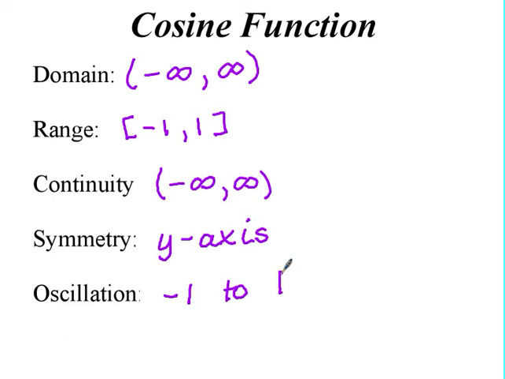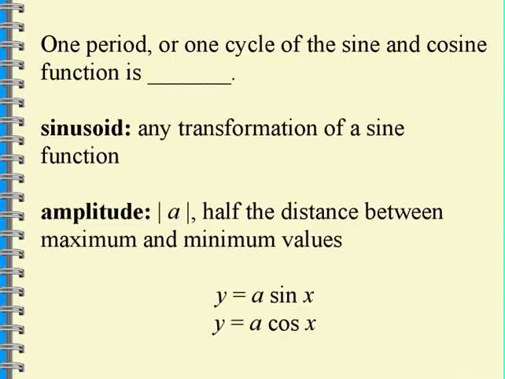Okay, questions? All right, so now we're going to talk about some things known as periods and amplitude. It says one period, or one cycle, of the sine and cosine function.